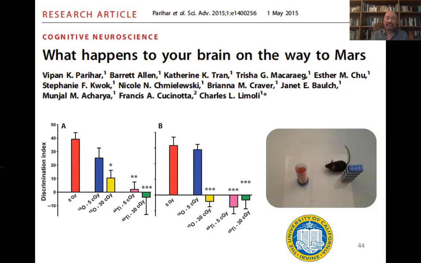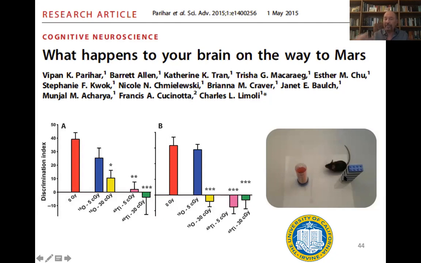This is the discrimination index. It's a task in which the mouse is supposed to learn to discriminate between two objects. This is a spherical object, this is a square object. So the animal learns which is spherical and which is squared, and it prefers to stay here rather than here.